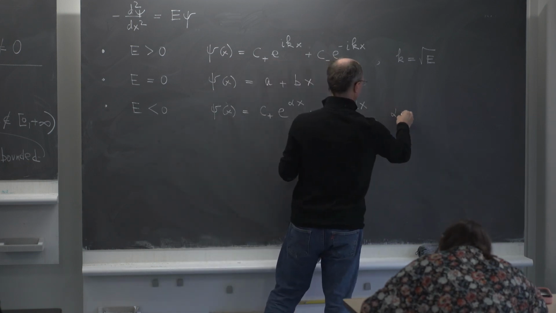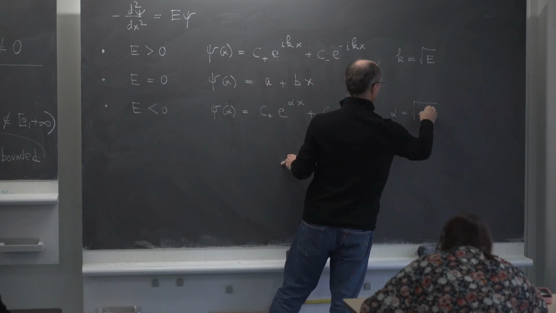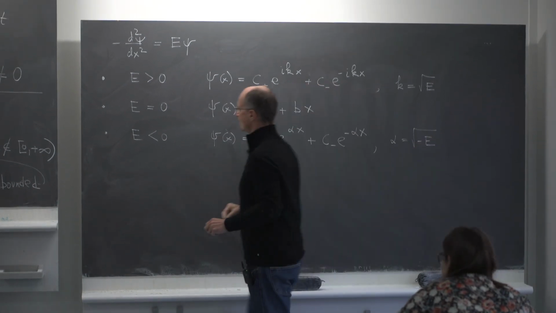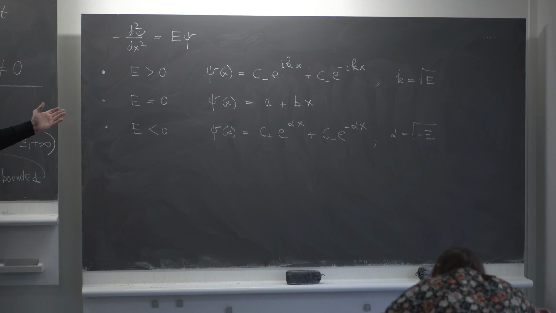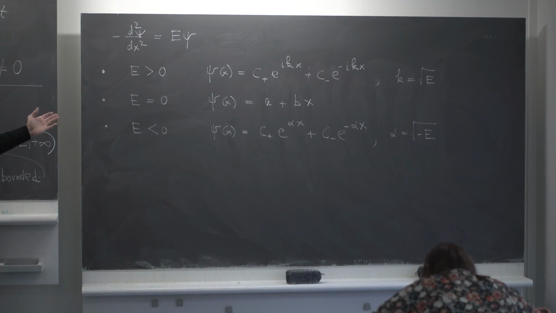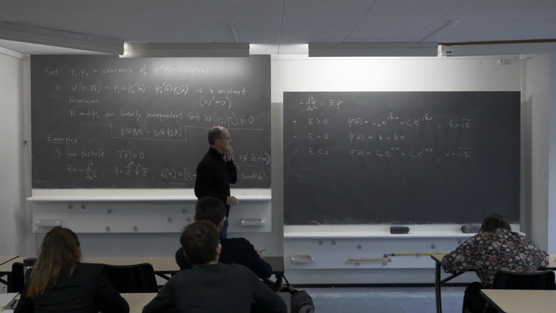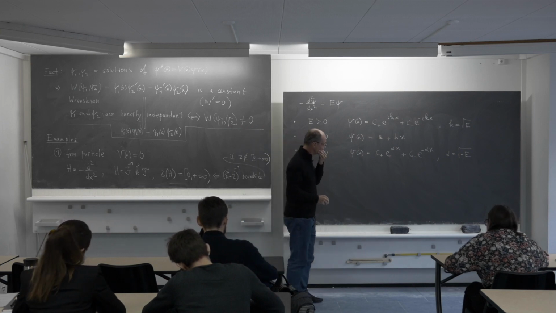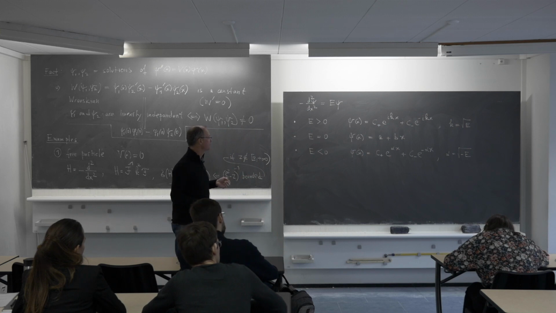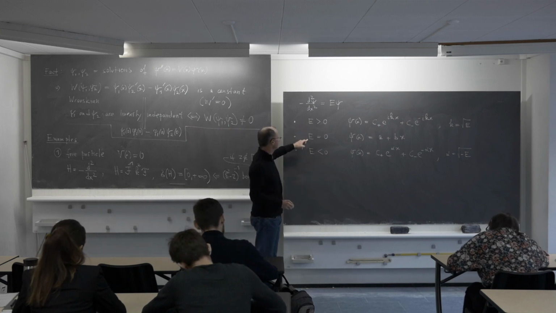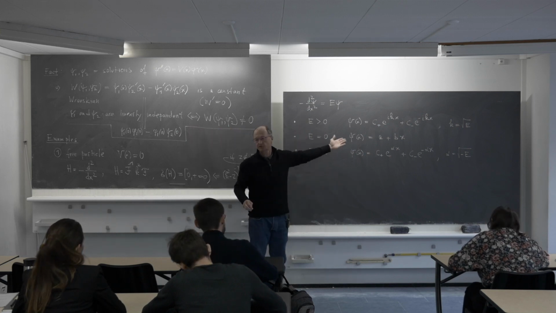And here this exponent alpha is the square root of minus e. I guess we're probably right. We all agree on those elementary facts. Now here is a question. No matter what e is, there are always two solutions.